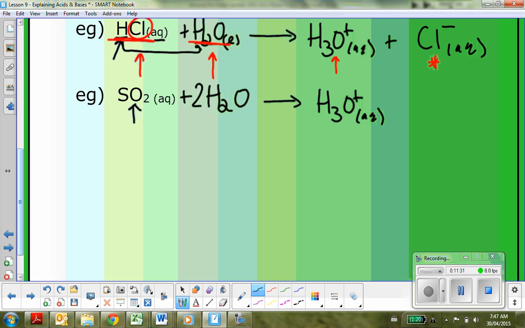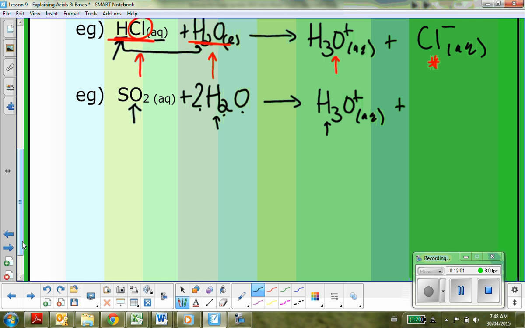Okay, now here's where we need to think for a bit, because we have 2 waters that are there. So if you think about this, we've got 1 H3O. Okay, so we've already accounted for 1 of the oxygens, but there's actually 2 because of the 2 that's in front of here. So we actually have 2 oxygens. We have 4 hydrogens. So we still end up having 1 hydrogen and 2 oxygens left over.